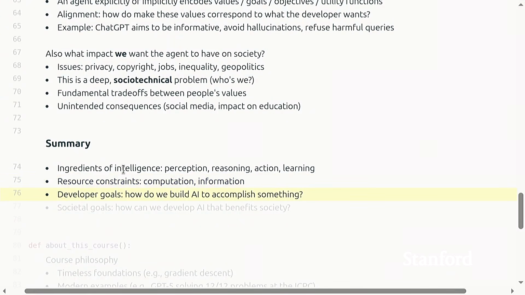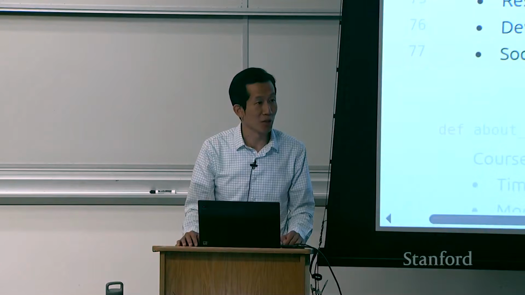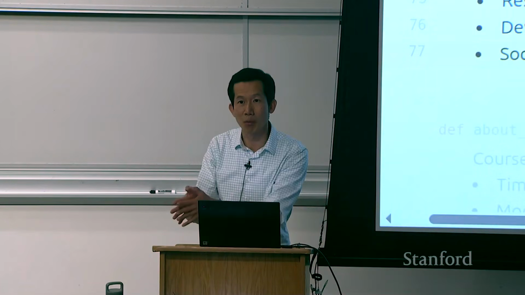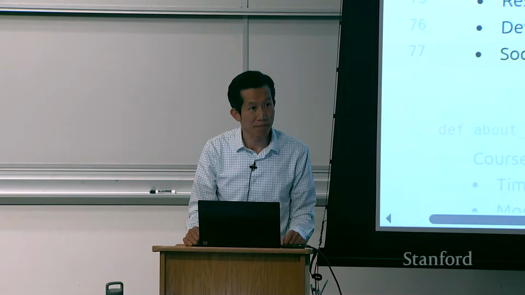And then we have to think about developer goals. How does a developer build AI to do something? And then, at the societal level, how do we as a society make sure that AI is actually benefiting society as opposed to maybe one particular developer only?